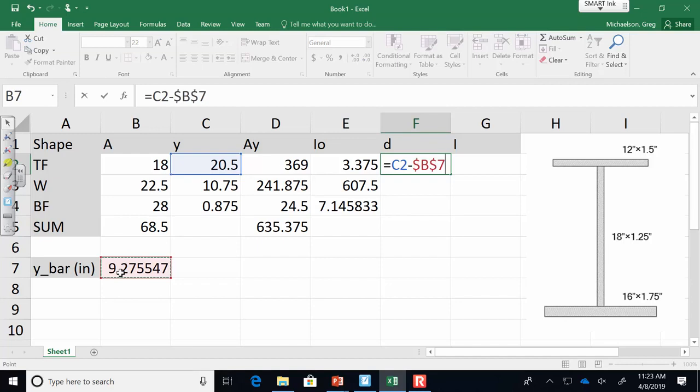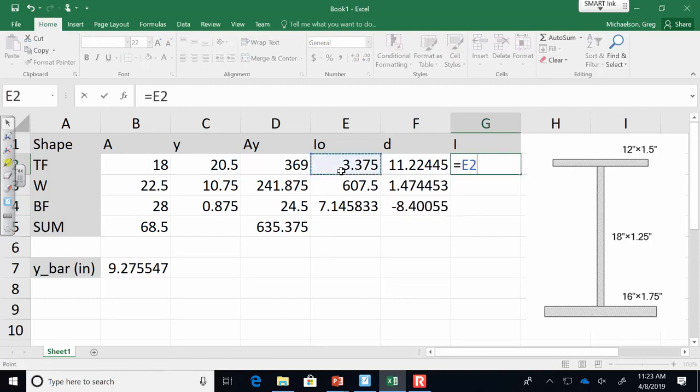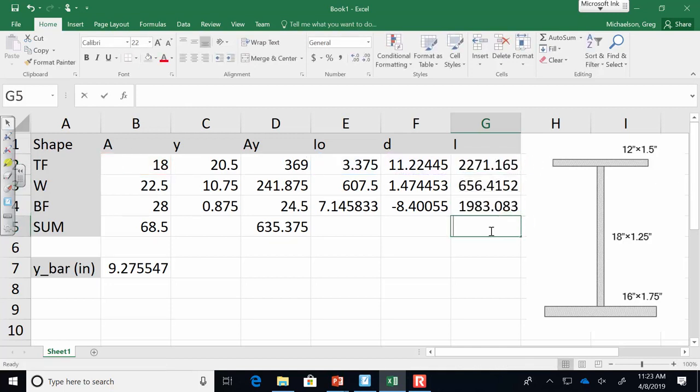Remember, it doesn't matter what direction we do that subtraction because we're going to square it anyways, right? And so that plus A times D squared. Sum that up. And so our moment of inertia is something like 4910 inches to the fourth.